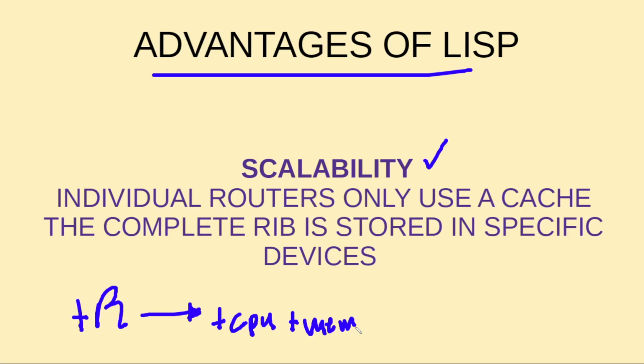That does not happen with LISP, because with LISP, the complete routing information base is stored in specific centralized devices that liberate individual routers from the burden of having to compute large routing tables for the complete topology. That is why LISP scales better than traditional routing protocols.